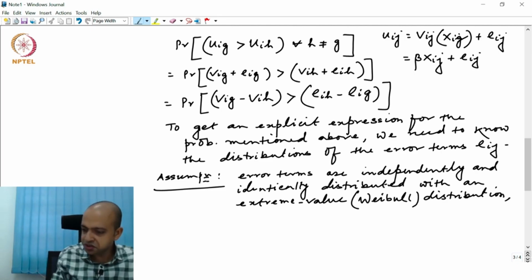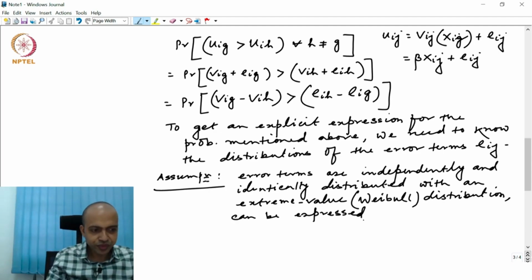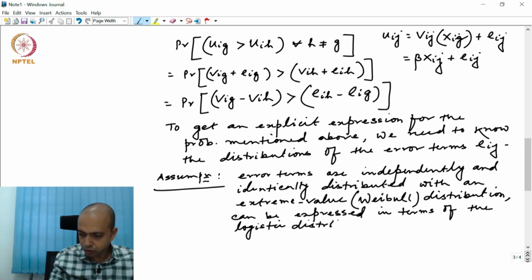Which can be expressed, this extreme value distribution can be expressed in terms of the logistic distribution as suggested by McFadden.